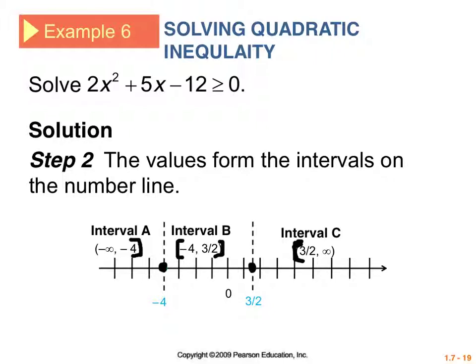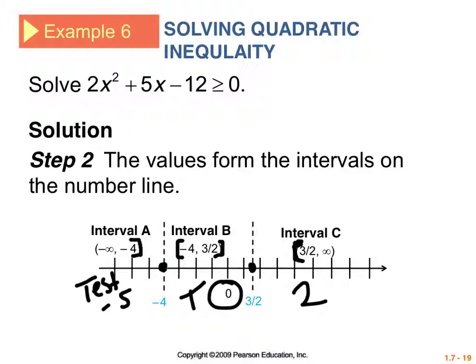And so now I'm going to choose a point to test in each interval. This interval I might test -5. And remember, we do that by replacing the x's in our original inequality with a -5 to see if it works. In the center section, I might test 0 because that's always easy to test. Test 0. And in the last section, I'm going to test the number 2.